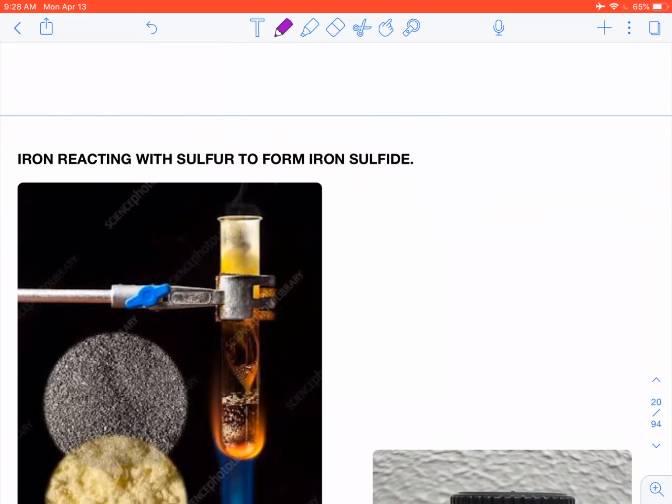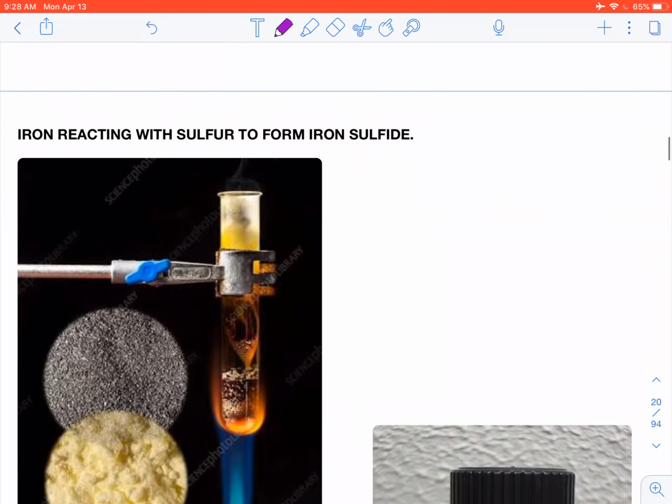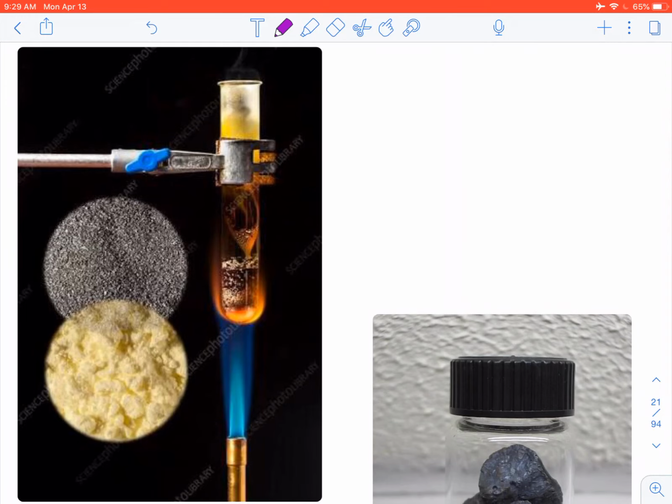Let's look at iron reacting with sulfur to form iron sulphide. Here we have iron, and we know what its properties are. It has metallic properties and is attracted by a magnet, right?